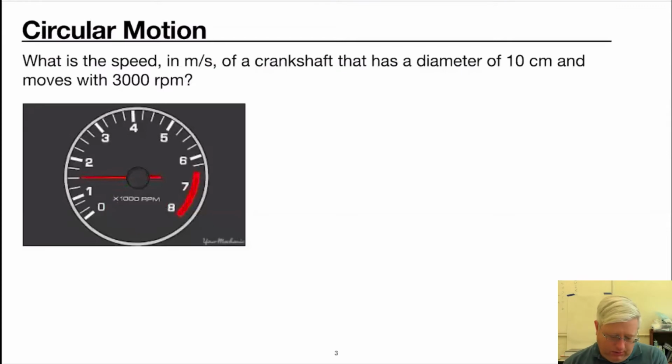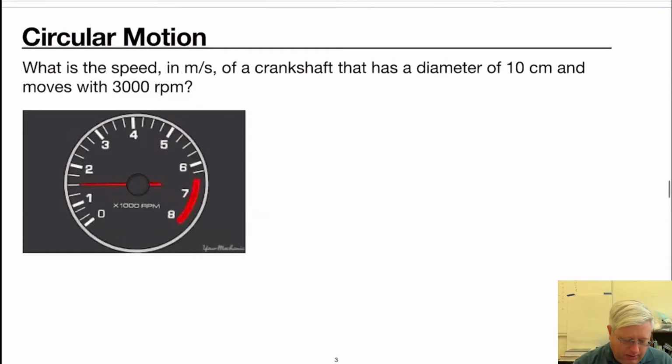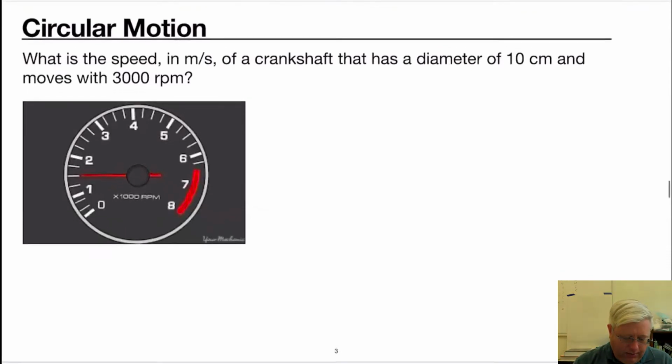So what can we determine? What's the speed in meters per second of a crankshaft if it has a diameter of 10 centimeters, and maybe it moves with a speed of 3,000 RPM? That would mean the needle would be pointing at the 3 there.